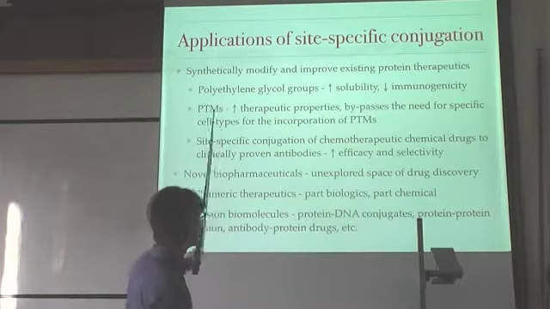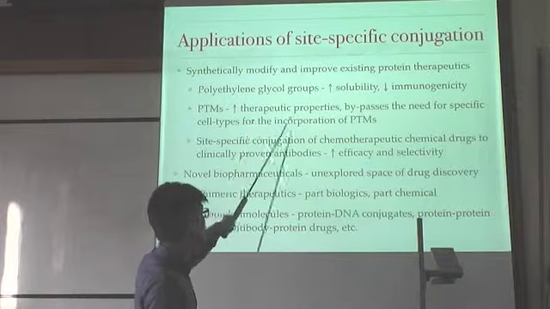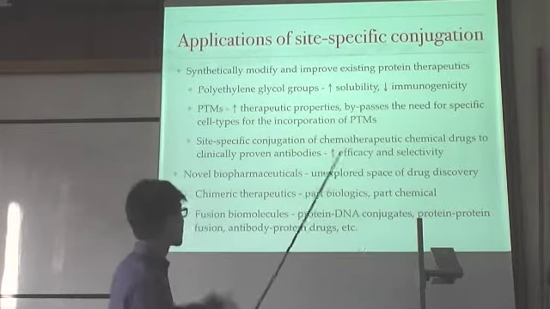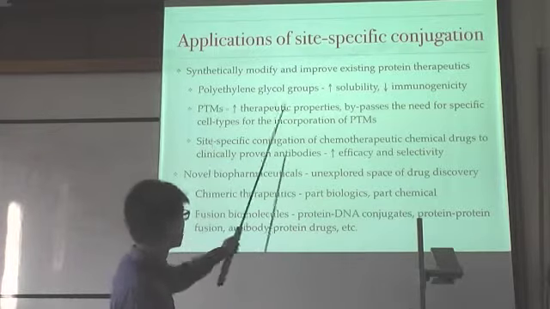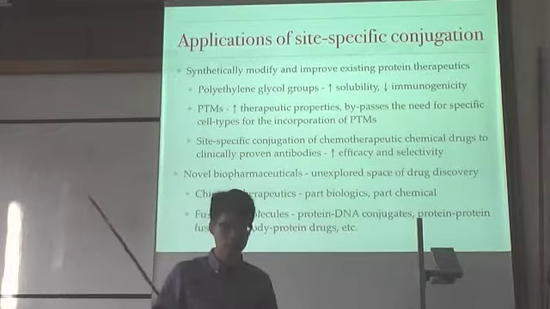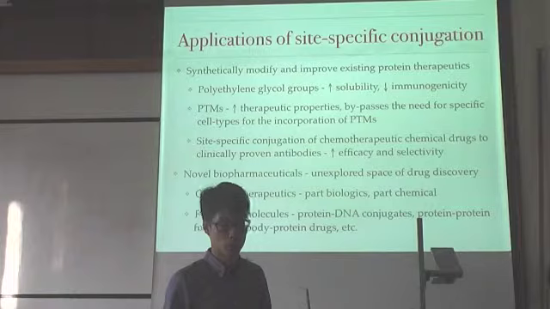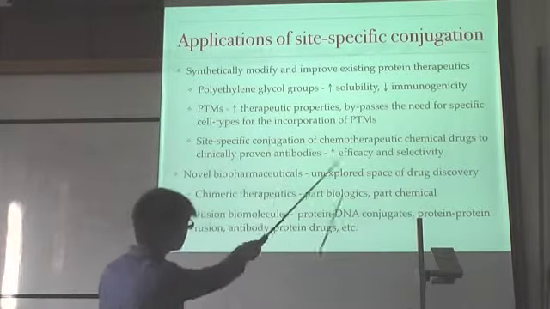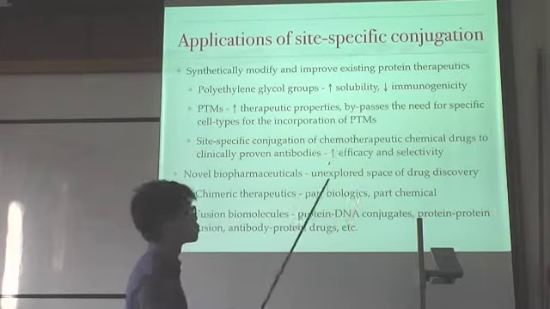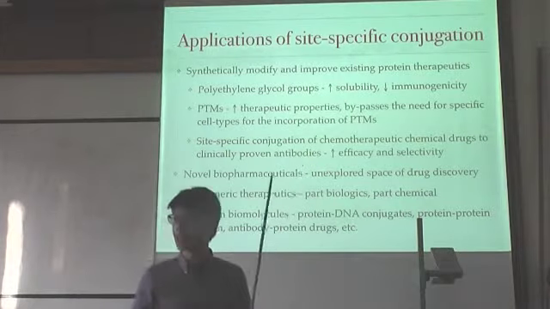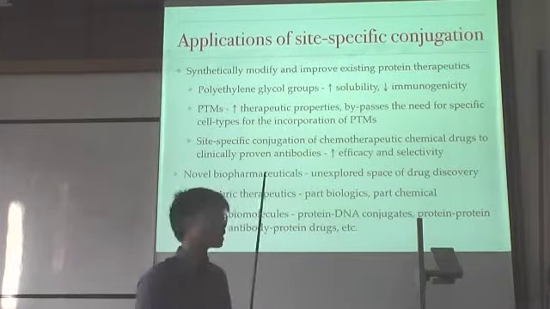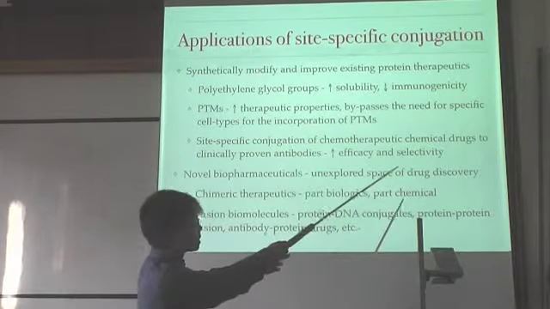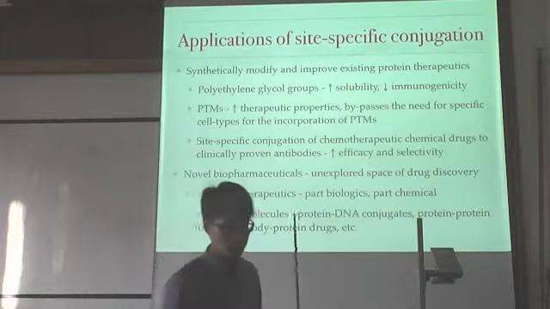In addition, you can also put post-translational modifications site-specifically onto your biopharmaceutical, which can bypass the need for specific cell types that can incorporate these PTMs in the manufacturing processes. And lastly, we can site-specifically conjugate chemotherapeutic chemical drugs to clinically proven antibodies, like I've talked about in the antibody drug conjugates. This would definitely increase its efficacy and selectivity.